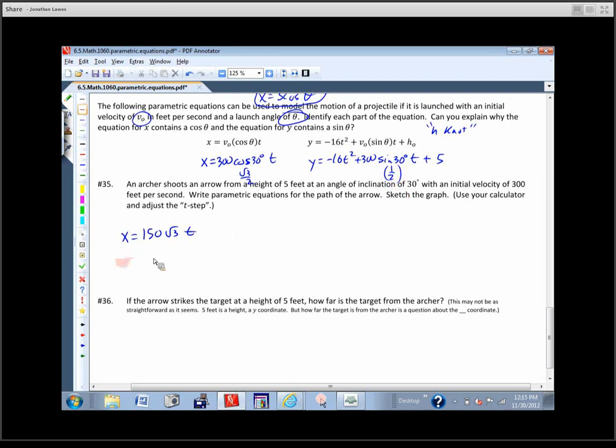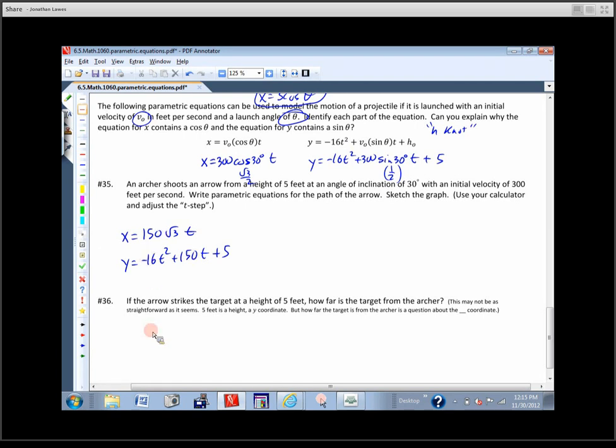So this is going to be y equals negative 16t squared plus 150t plus 5. So really, after that ugly mess, they're really not too bad. Here are the parametric equations.